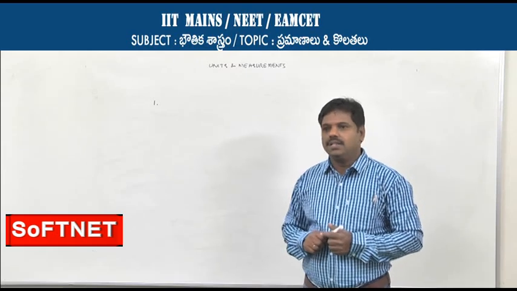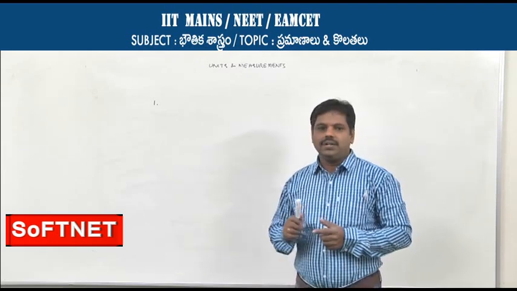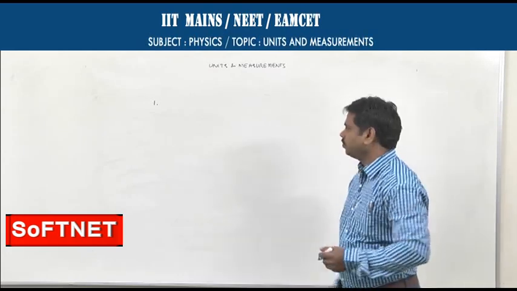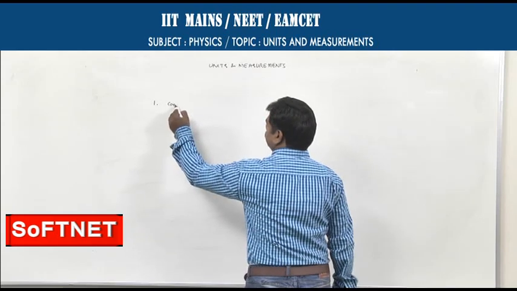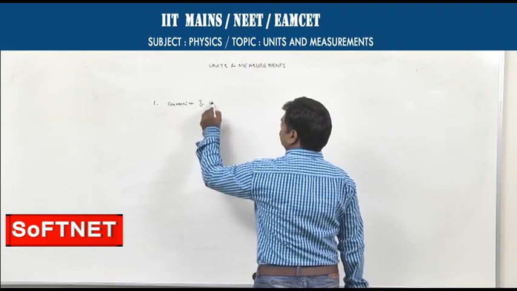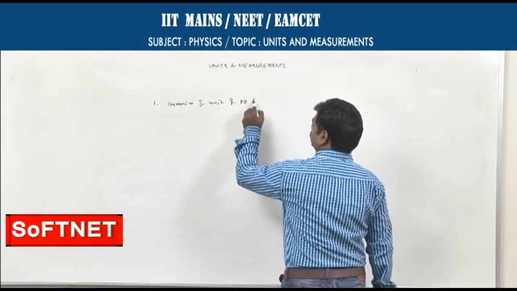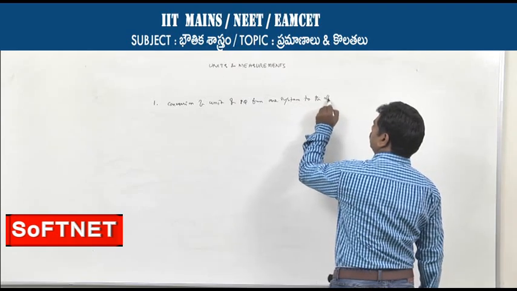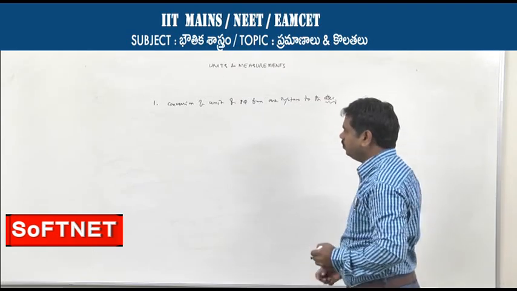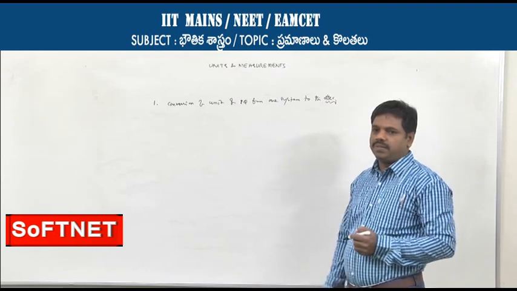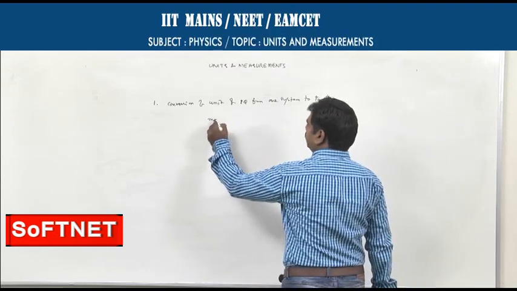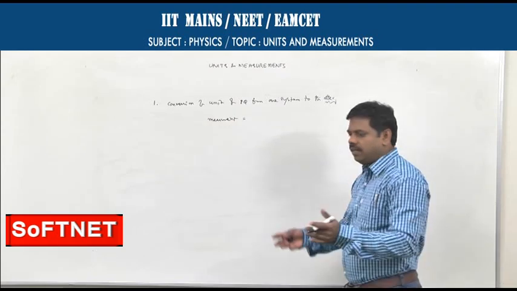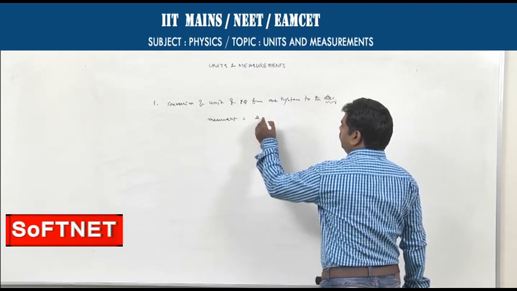The first one is converting the unit of a physical quantity from one system to the other system. If you take the measurement of a physical quantity, for example, if I take the length of a rod, say that is equal to 2 meters.